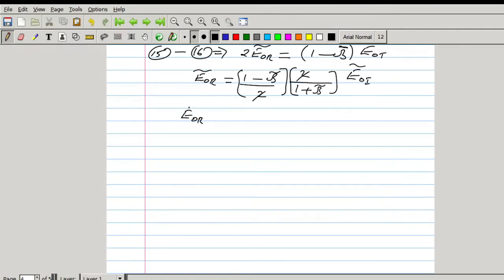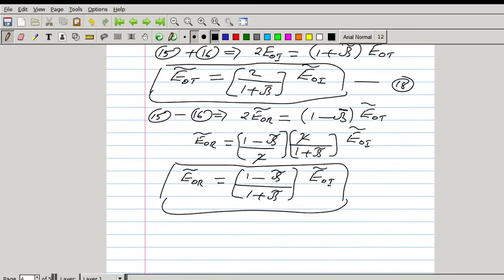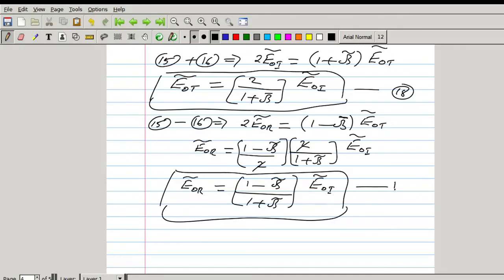E0R equal to 1 minus beta by 1 plus beta into E0I. So this is equation number 19. So equations 18 and 19 represent the amplitudes of reflected and transmitted waves in terms of the amplitude of the incident wave.